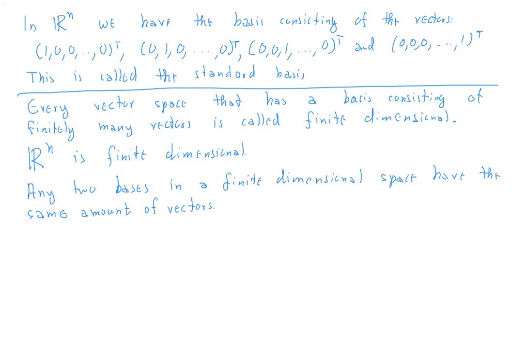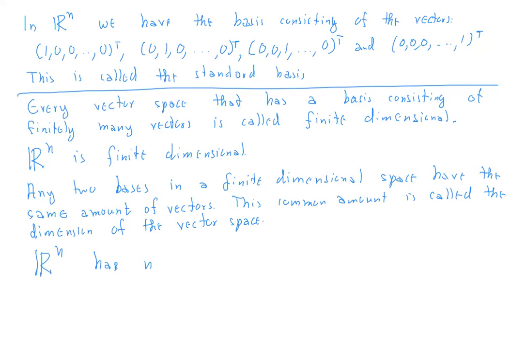And that common amount is called the dimension of the vector space. So Rn has dimension n. So R2 has dimension 2, R3 has dimension 3, R4 has dimension 4, and so on and so forth.